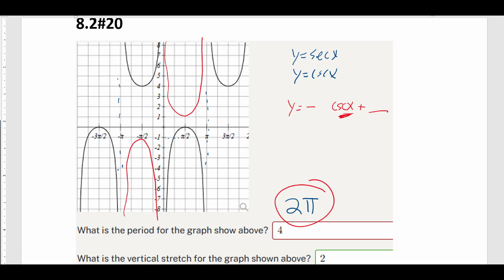Okay, so let's talk about two things. One, obviously this is up higher than it should be. This is also up higher than it should be. So that indicates a vertical shift. Also, what I want to point out is in our standard cosecant function, the distance from the bottom of the top part to the top of the low part is normally 2.